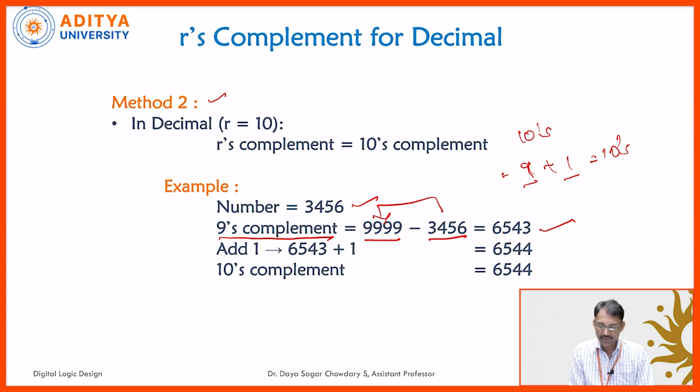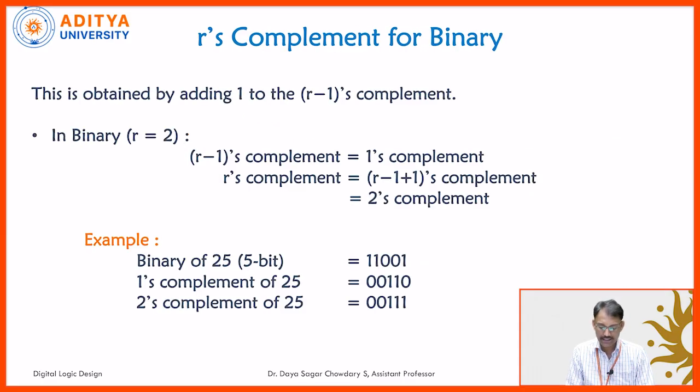Now adding plus 1 gives 6544, which is nothing but our 10's complement for this particular problem. So likewise, this is the representation r minus 1 plus 1, that is the r's complement, which is nothing but 2's complement for this particular binary operation.